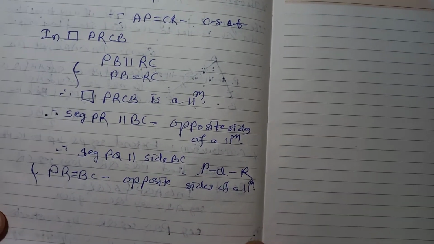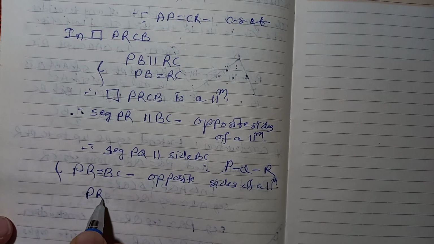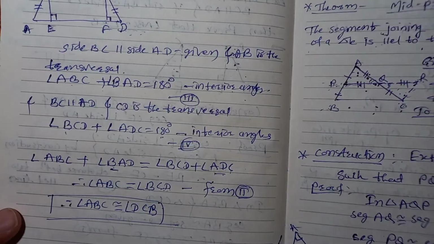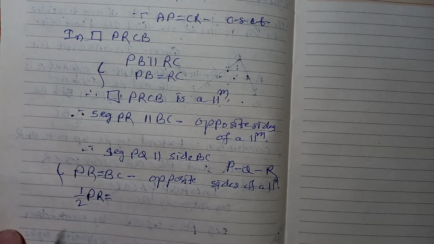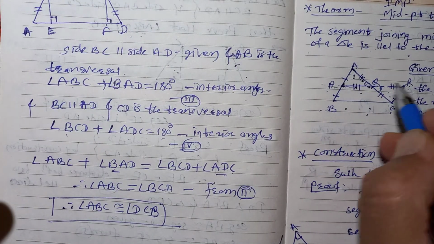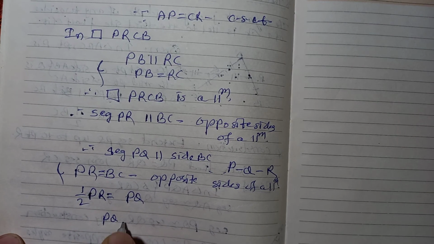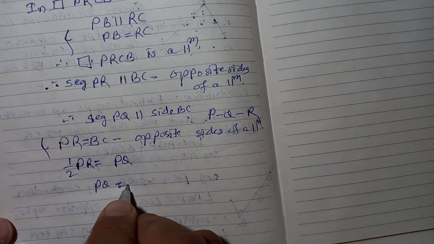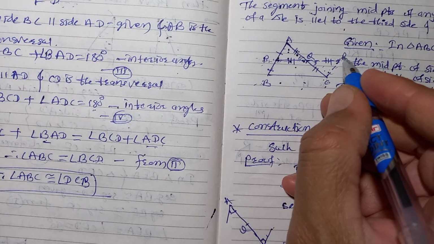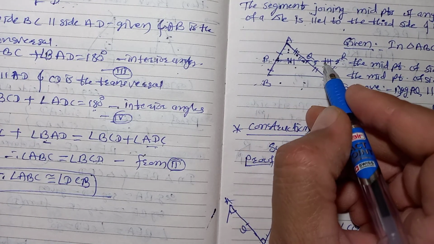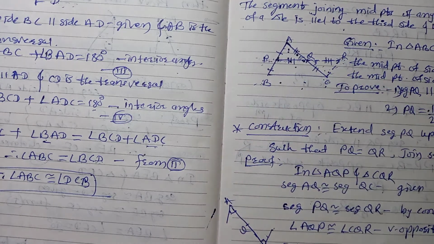We know opposite sides are parallel and also congruent. So half of this PR, can we take PQ? PQ is equal to half of PR. How can we take half of this? PQ is half of PR because these two parts are equal, meaning Q is a midpoint. So this PQ is half of PR.